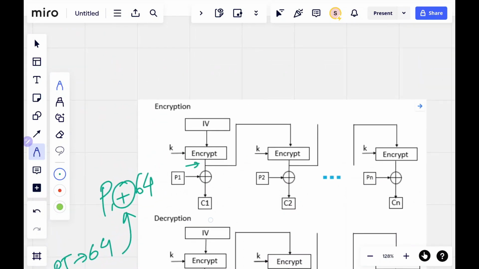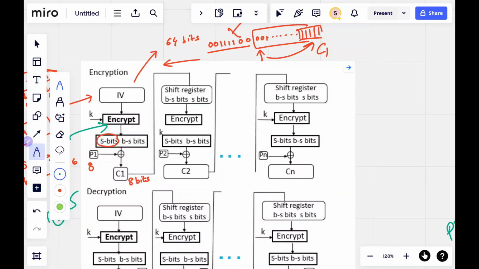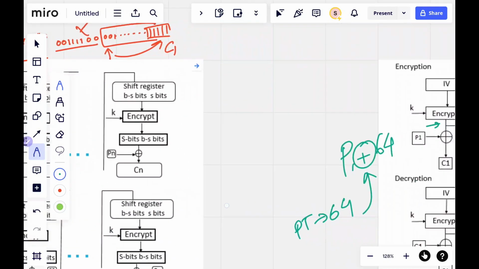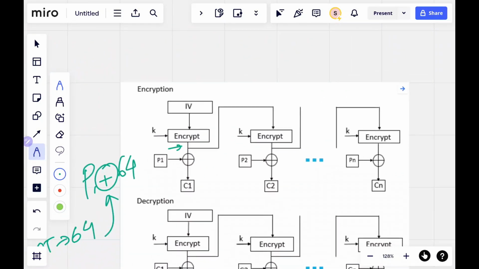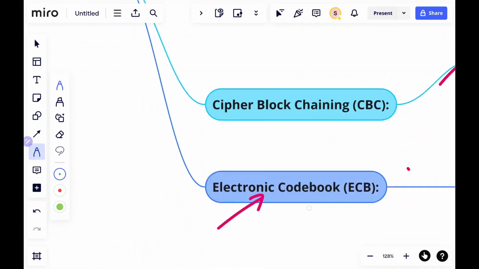Instead of sending the 8 bits ciphertext, which was used to shift the register by 8 bits, we are totally omitting that step and we are simply sending the entire 64 bits output to the next phase. And this particular output is sent as feedback to the next phase. That is why it is also called output feedback mode.